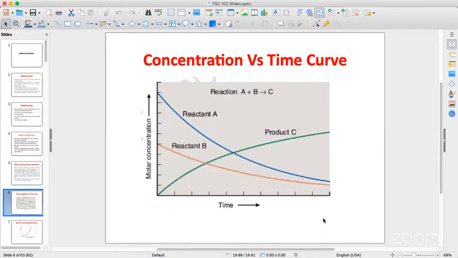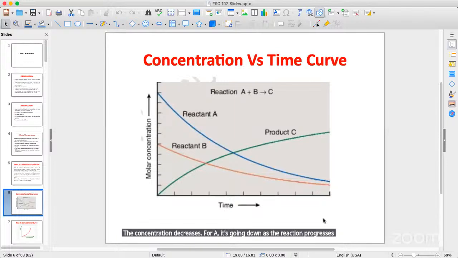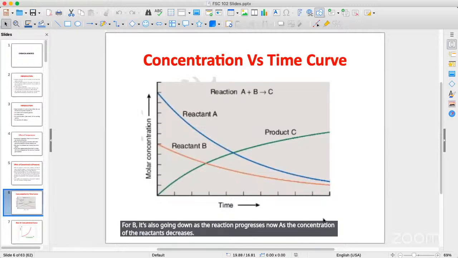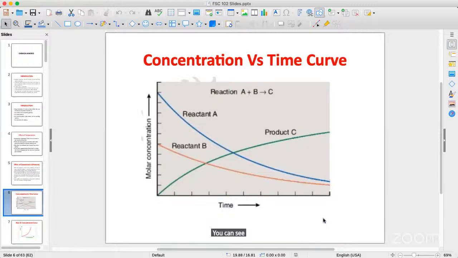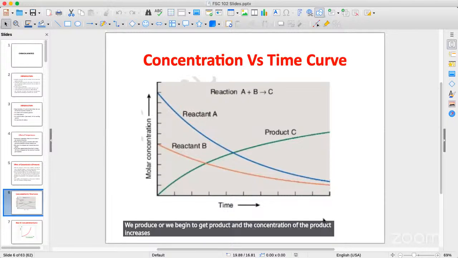For A, it's going down as the reaction progresses. For B, it's also going down. As the concentration of the reactant decreases, you can see that the product starts from 0. As we consume the reactant, we begin to get product, and the concentration of the product increases throughout the course of the reaction.